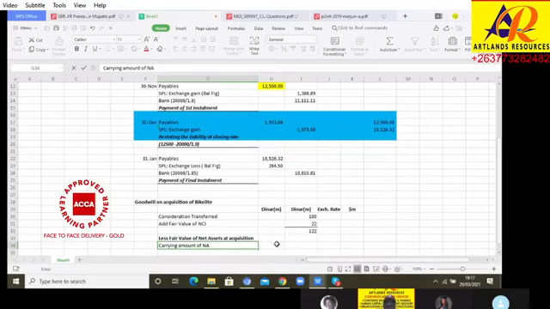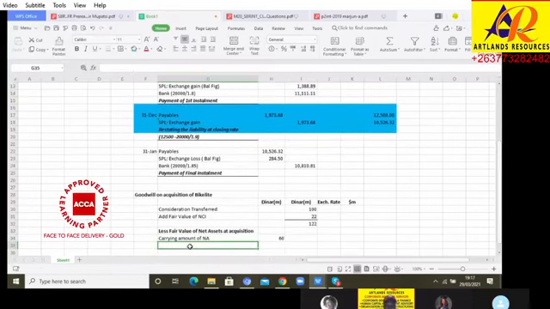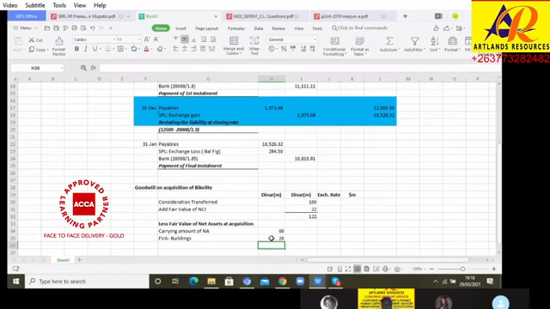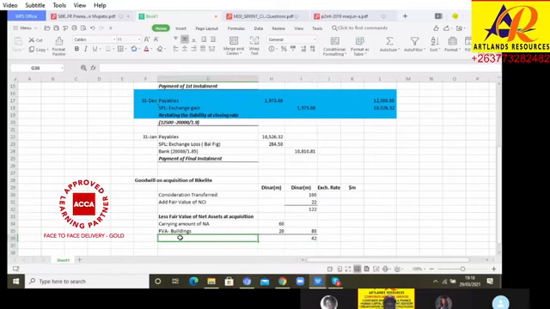And then there was a fair value adjustment concerning buildings, 20. So after we do this, this is 80, and goodwill equals 122 minus 80. So that's goodwill.